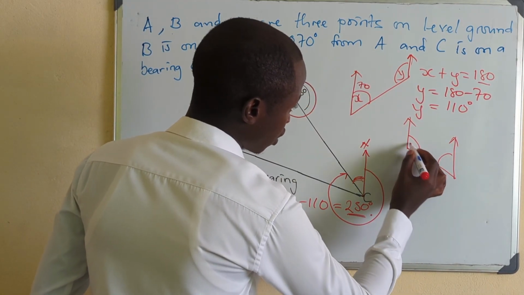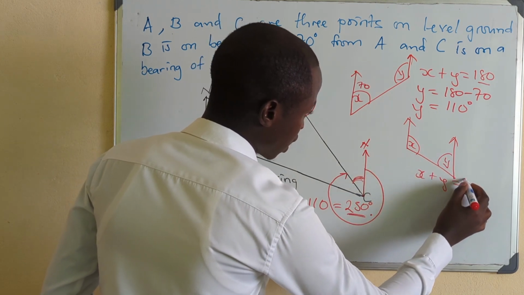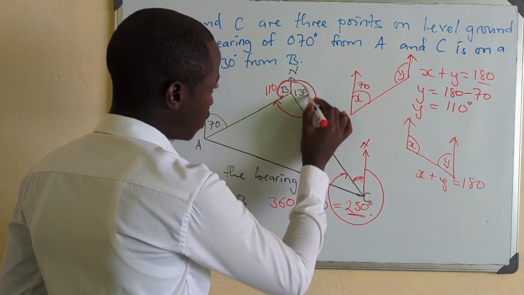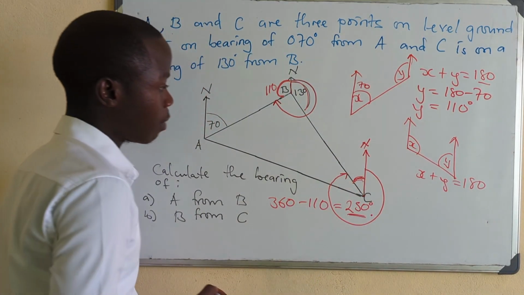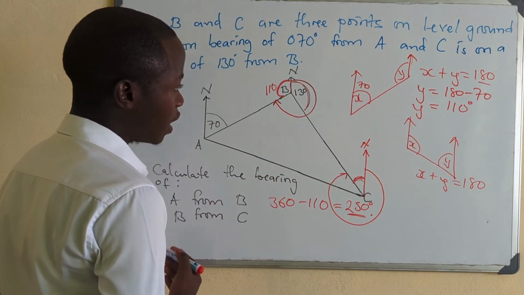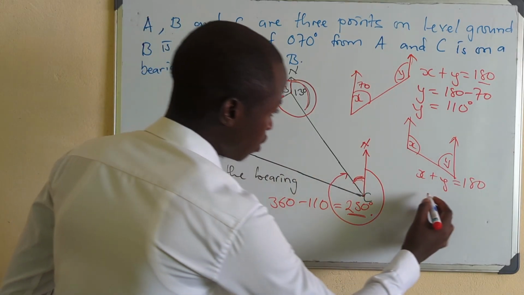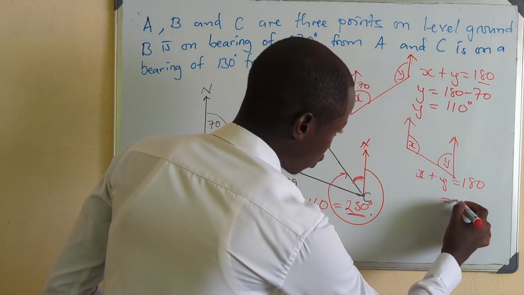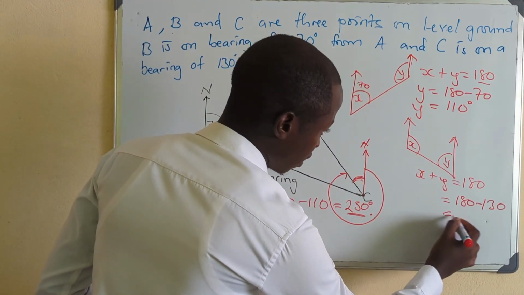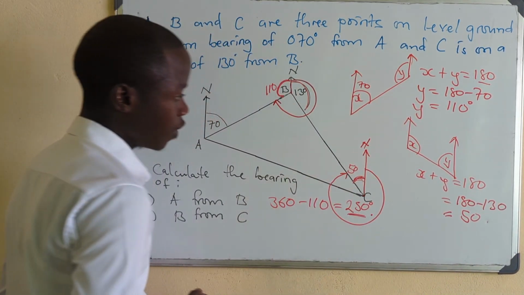This is X, this is Y, so X plus Y must give us 180. Already this is 130, so we subtract it from 180. This is 180 minus 130, which gives us 50. So this angle here is 50.